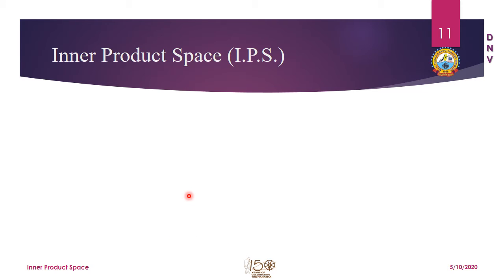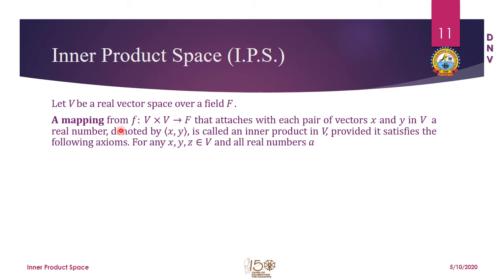Now we define the inner product space, IPS. Let V be a real vector space over a field F. The use of the word real means we are considering only real numbers or real components of vectors. It is a mapping defined from V cross V to F, an external composition, that attaches to each pair of vectors x and y in V a real number.